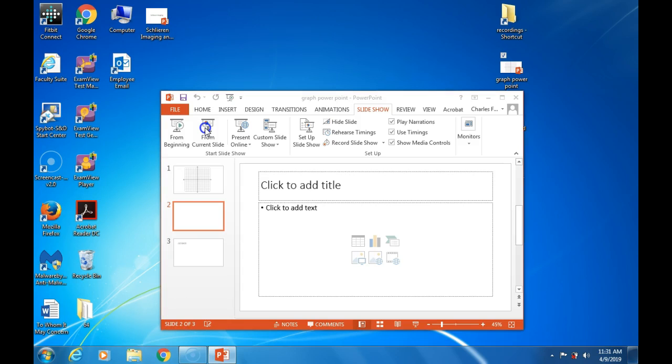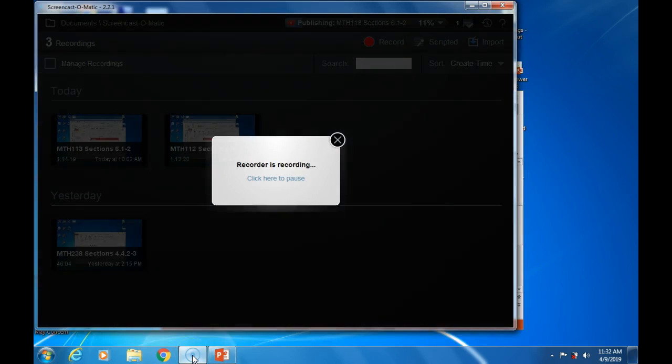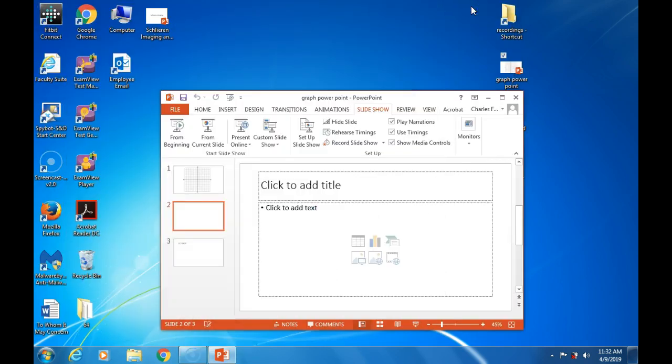We'll go from the current slide and get the screencast-o-matic started. Wait a minute. I may have forgotten to... Oh no, I did start. So, okay, I'd already started the screencast-o-matic. Sorry.